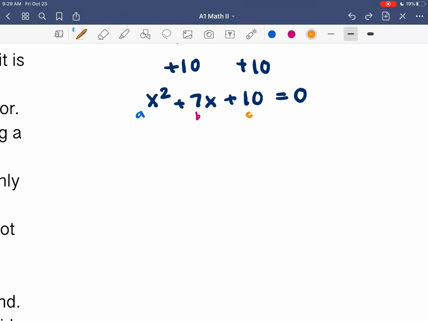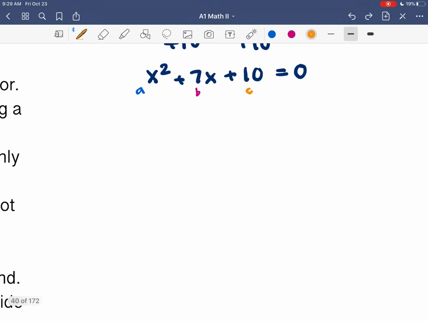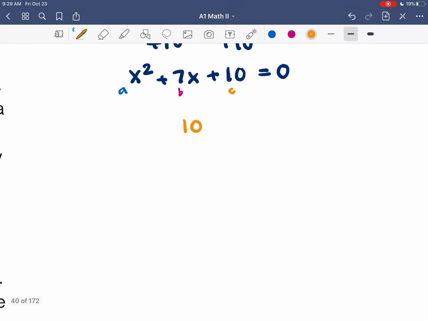A very easy way that I have found to teach this is to just make a bunch of factor pairs for 10, or your C value. You need 2 numbers that multiply to C, and add to be B. So we're going to make a list of numbers that multiply to 10, because there is only a limited number of things that multiply to be 10.